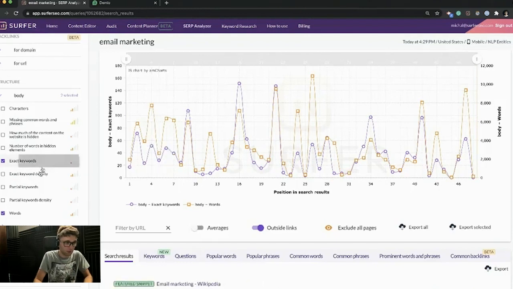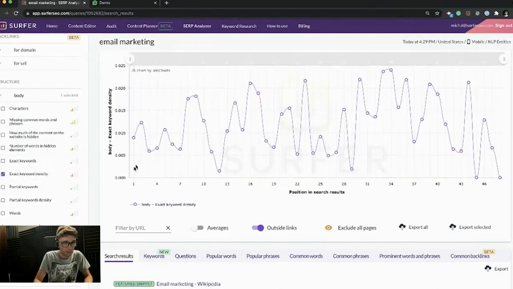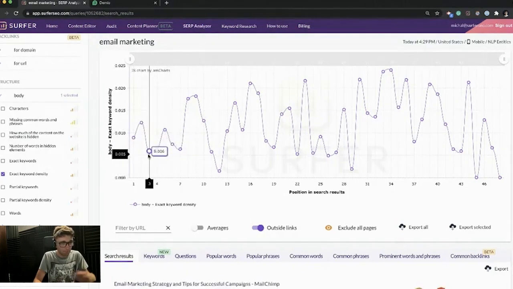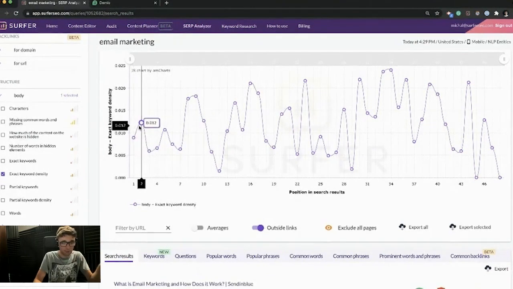So if we turn to the density now, it's more or less a flat line in the top 10 that oscillates between 6 times per 1,000 and 12 times per 1,000.